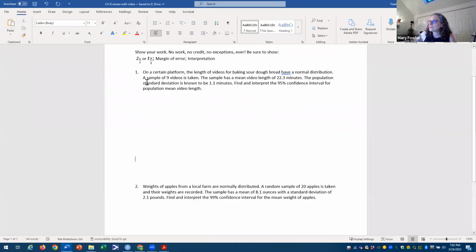I will go to the word standard deviation in the problem and look at what the adjective is, what's explaining the standard deviation. And this sentence says the population standard deviation is known. Population standard deviation is sigma. And so in this problem, sigma is known, we'll be doing a Z interval.